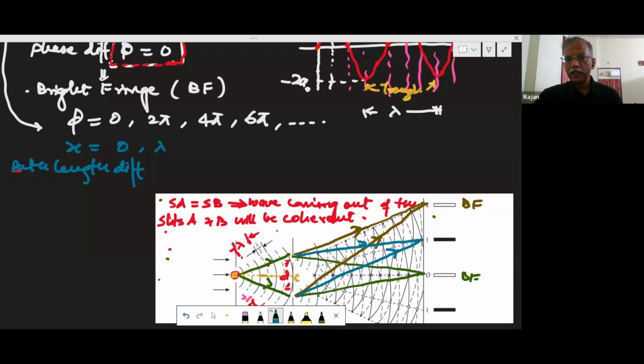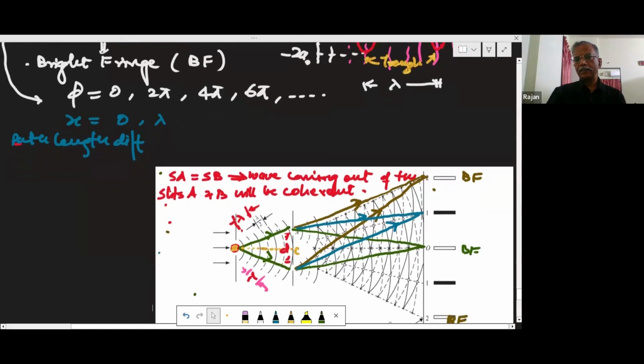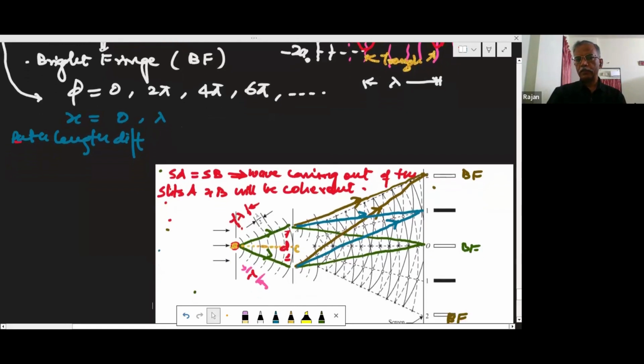This means the brown lines arriving at 2 above O have a path length difference of lambda, and similarly the ray arriving at 2 below O will have the same result as the above case.